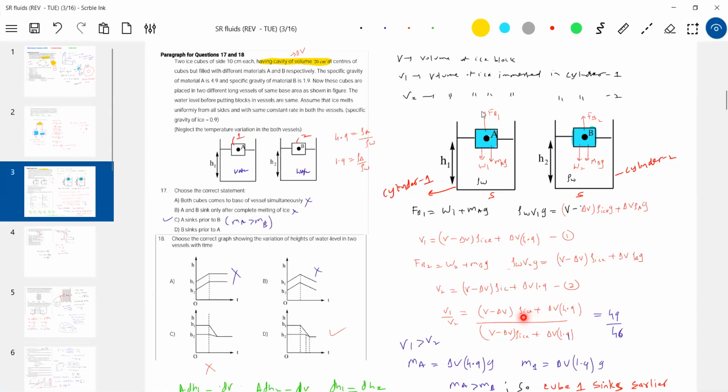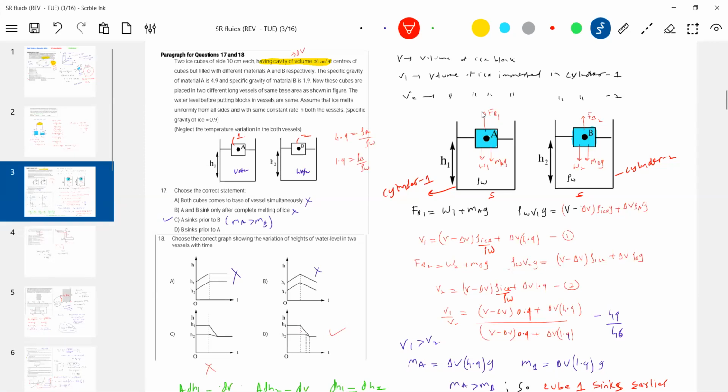Here rho W should come, I feel. Rho A by rho W will be specific gravity. Rho W should be there here. So specific gravity of ice you are going to substitute. Specific gravity of ice is 0.9. Solve this, and you'll end up with the ratio of volume immersed as 49 by 46.